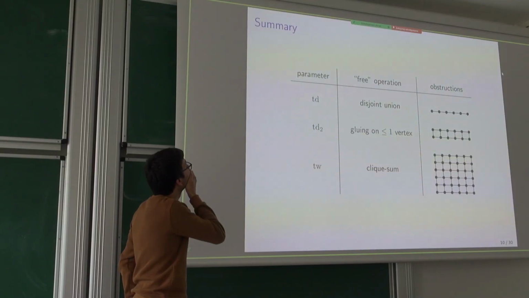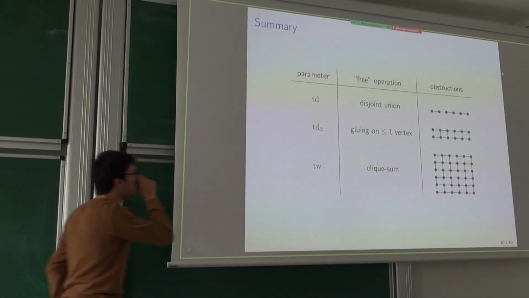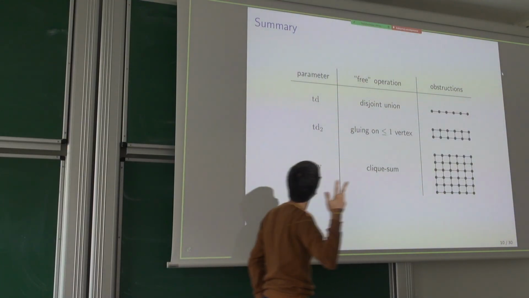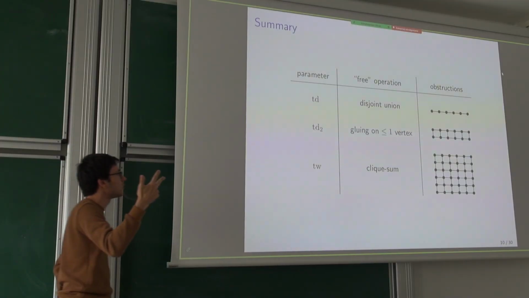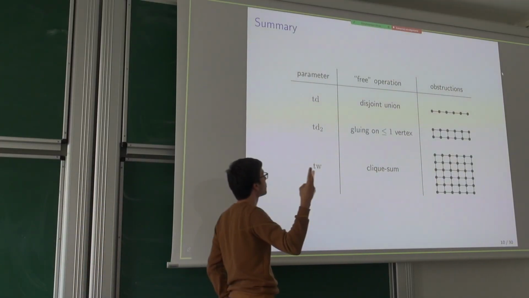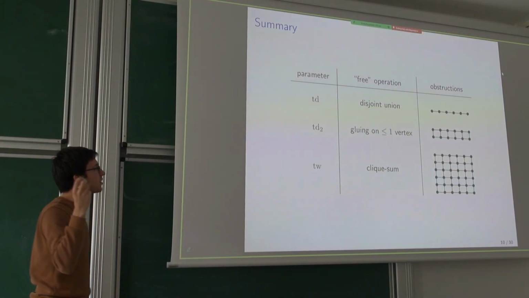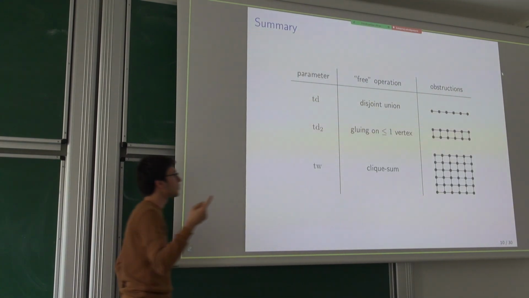So just to conclude this overview of these graph parameters, this here is what we have. We defined the three parameters relying on basically two axioms plus a free operation. The two axioms were a base case, where you give the value on the null graph, so let's say it's 0, or -1 for treewidth, and adding a vertex increases the value by at most +1.